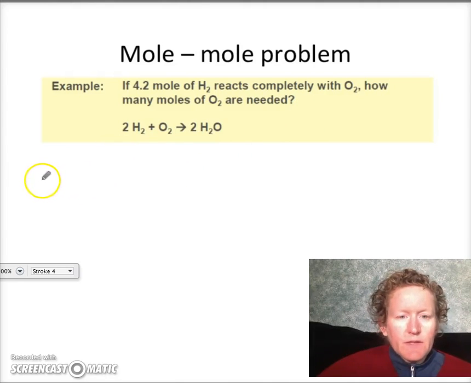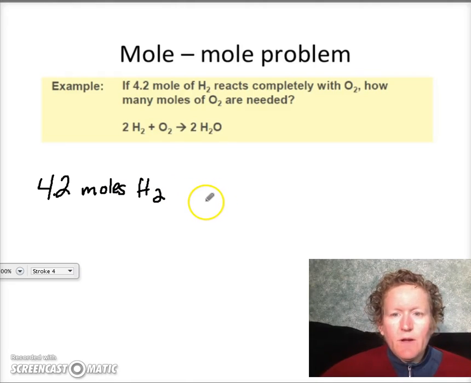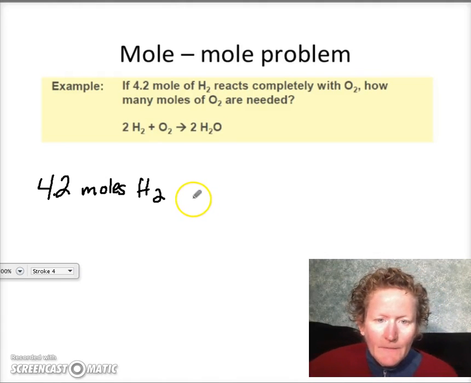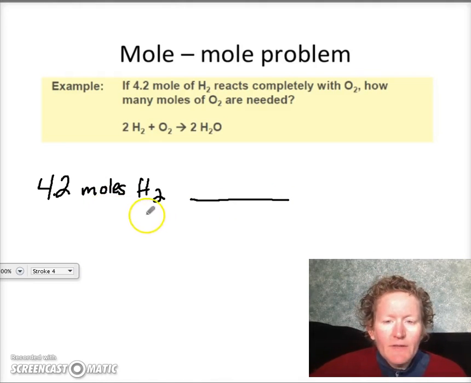So first of all, let's start with what we have. 4.2 moles of H2 and figure out what we need. We need to know how many moles of oxygen we need. So we know that if what we have is H2, that's what we want to put on the bottom.